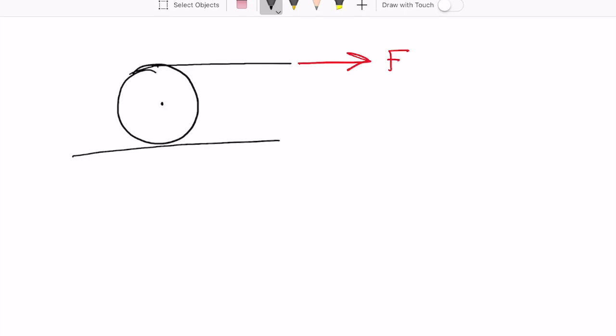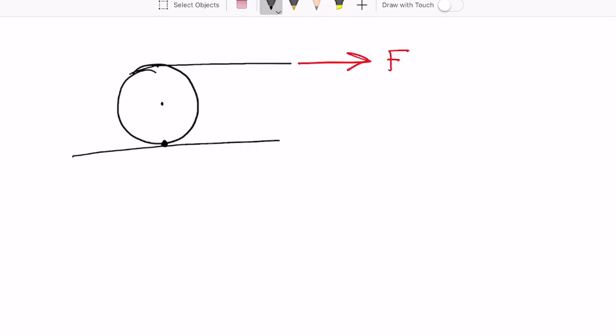Our system is obviously the cylinder. What are the forces acting on the system? I have the external force acting through the rope. There is also a force of friction, but right now it's not obvious to me what direction the force of friction is. Is it to the right?